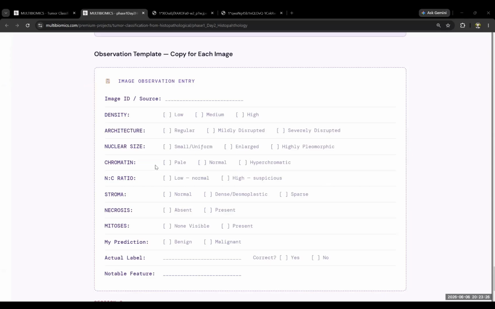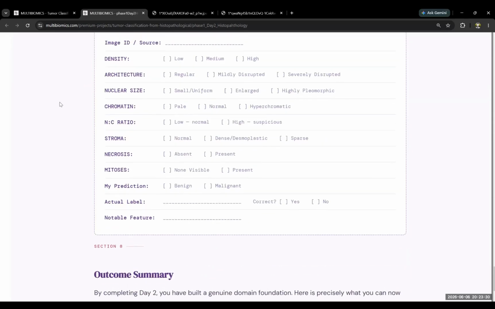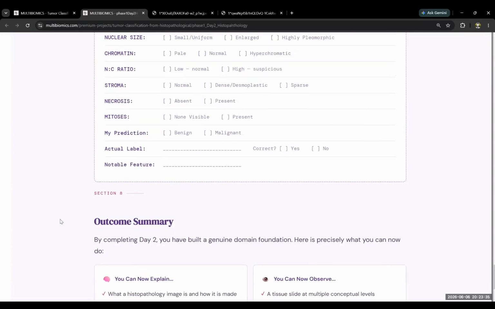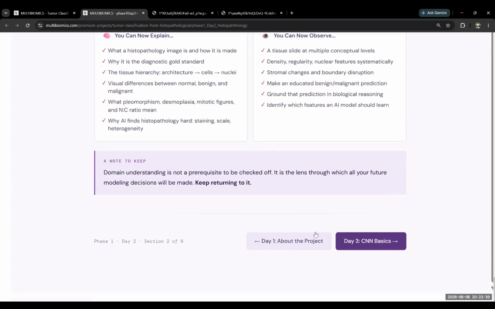I'll communicate with you later within the upcoming week. If you don't understand, you can contact me also. This is the outcome summary, you can go through that also, and tomorrow we'll be discussing the convolutional neural network basics.